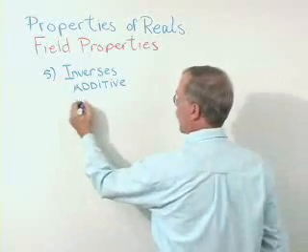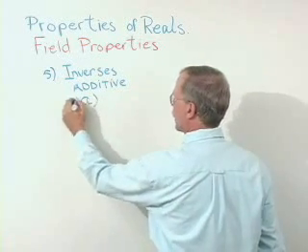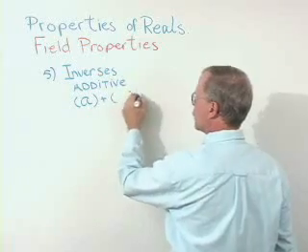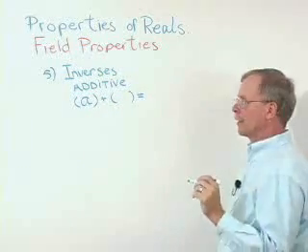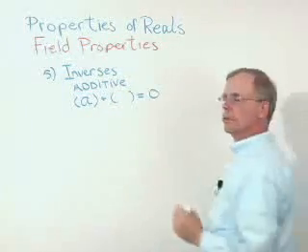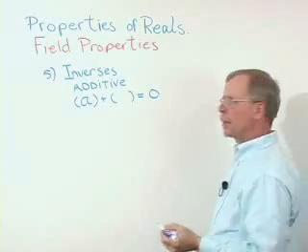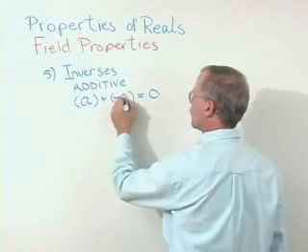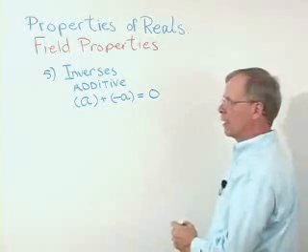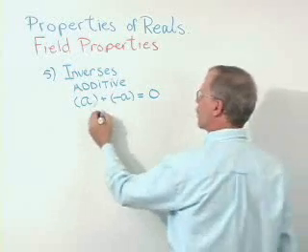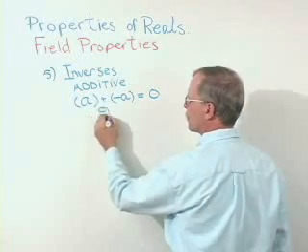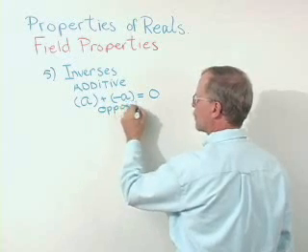So if we take A and add something to it, we should get the additive identity, which is 0. What should that number be? It should be the opposite of A. So the additive inverses of numbers in the real number system are opposites.